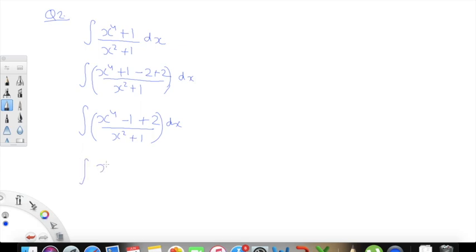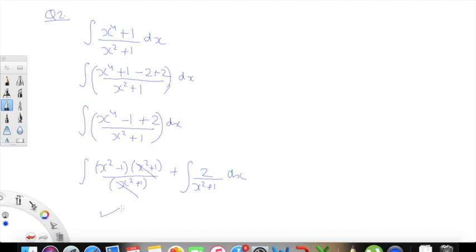What we have is these as the factors, we can separate it, plus we have 2 upon (x squared plus 1) dx. Now we can solve this, right?